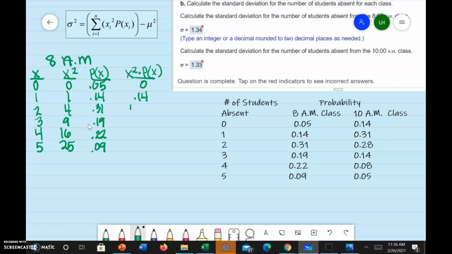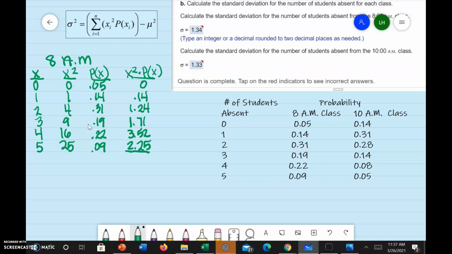I'm just multiplying 4 times 0.31, and then you can use a calculator to do this. 1.71, 16 times 0.22 is 3.52, and 25 times 0.09 is 2.25.